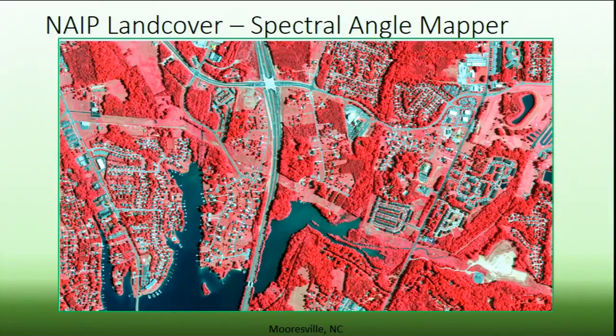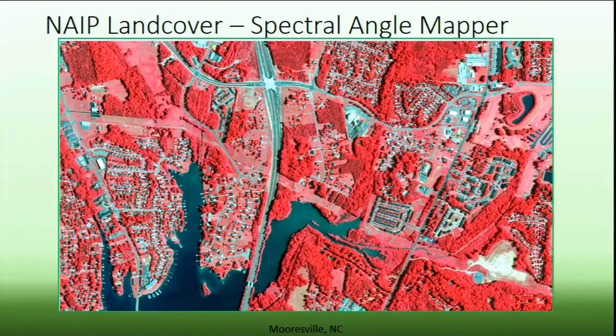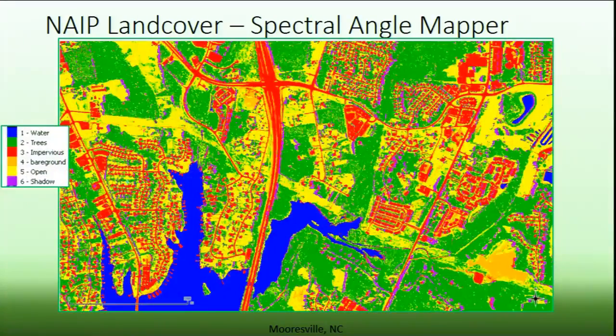Now, this is an example of taking NAIP imagery. This is an area, I think Mooresville, North Carolina. And what we've done is we just applied a spectral angle mapper, and you get a pretty good breakout. I didn't do any real editing on this. This came out pretty quickly, and I just created these examples using one tile of NAIP.